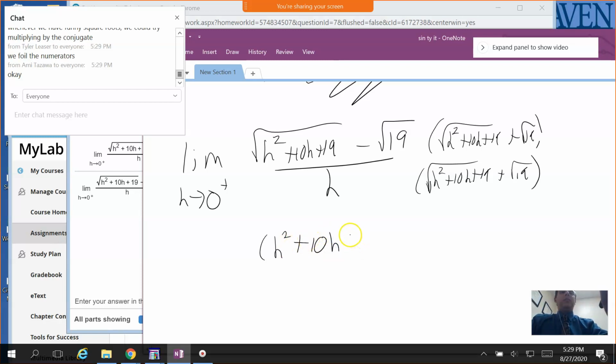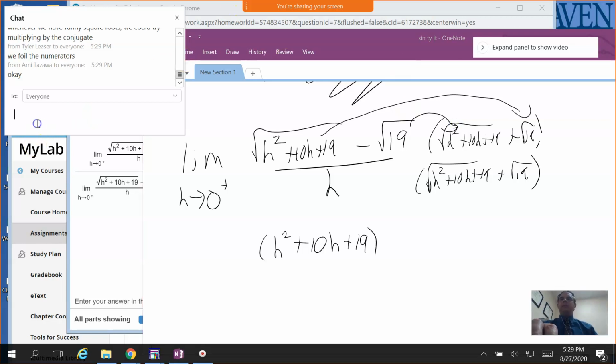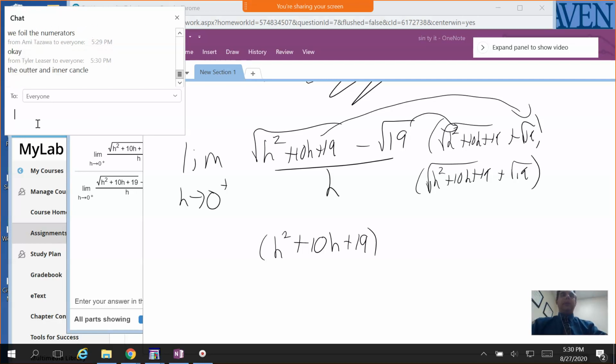So h squared plus 10h plus 19. The outer and the inner end up canceling each other out. And then we just have negative 19 and positive 19 square root, so that again will cancel to just be the negative 19.